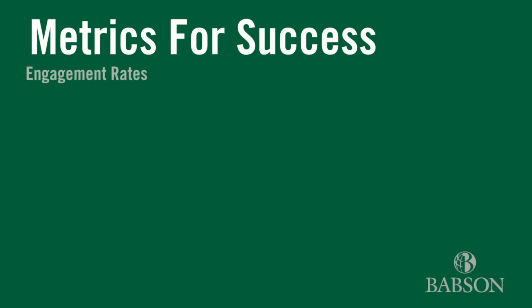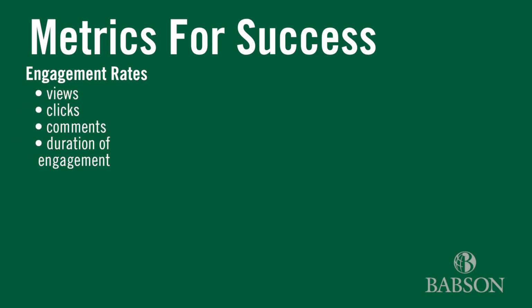Finally, let's talk about the metrics for digital or virtual success. There are many to review, so here are a few to consider. First, engagement rates. These are metrics like views, clicks, comments, and duration of your customers' engagement by campaign, by content, platform, day of week, or even time of day.